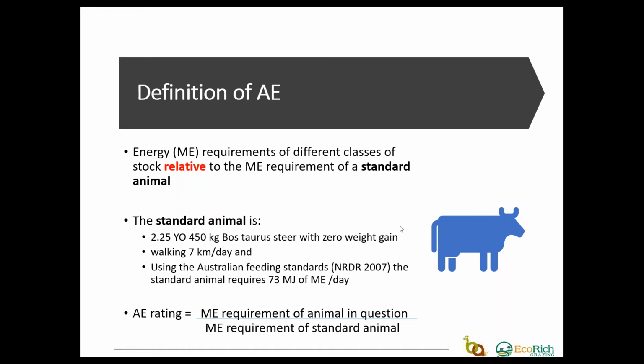And the standard animal, as detailed there, is a 2.25-year-old Bos taurus steer, not gaining weight, and walking 7 kilometres a day, which we found is what cattle generally walk across the board. And that's using the Australian feeding standards, or the nutrient requirements of domesticated ruminants, published in 2007. That comes up with 73 megajoules.